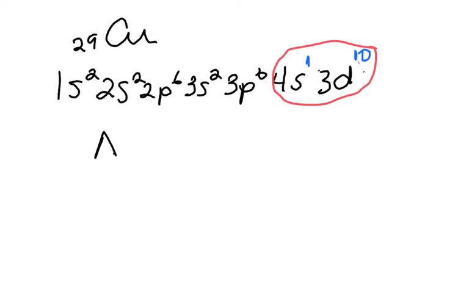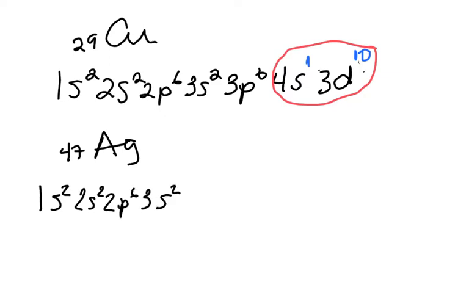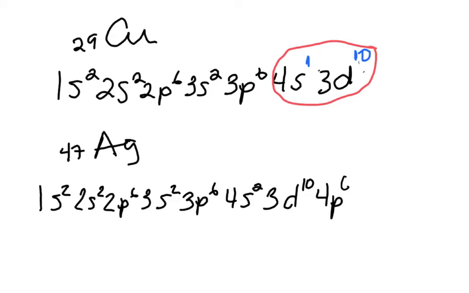Silver does something similar. Silver, which has 47 electrons. Oh, here, let's make it silver. It's 1s2, 2s2, 2p6, 3s2, 3p6, 4s2, 3d10, 4p6, 5s1, 4d10.